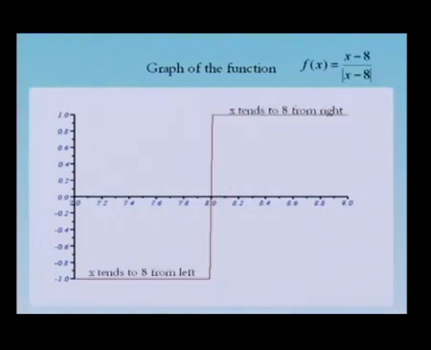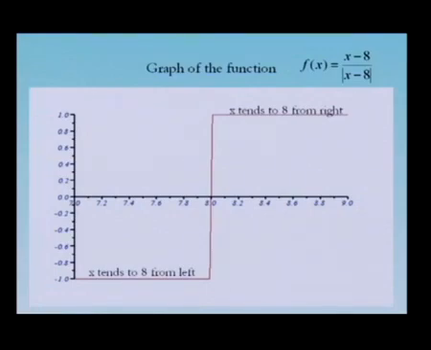Next, consider the function f(x) equals (x minus 8) upon mod (x minus 8). Here when x tends to 8 from the left, the function is -1, and when x tends to 8 from the right, the function value is 1.